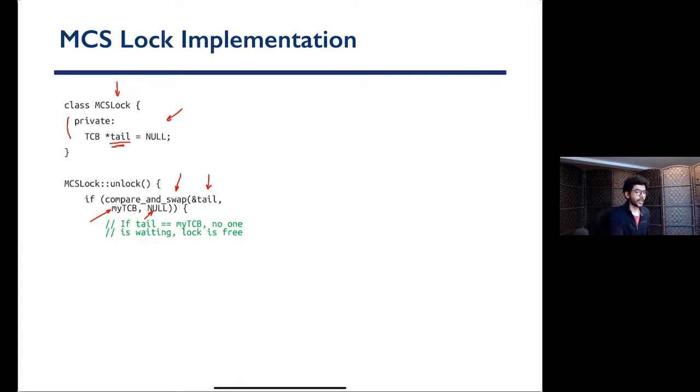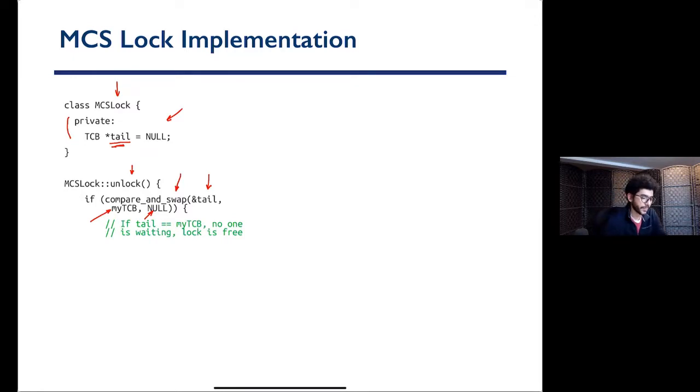Sorry, this is an unlock function. So this means that if I am the last person in the list, this means that nobody else is waiting, right? So if I'm the last person, basically, if tail is pointing to my TCB, then make the tail be null. So atomically remove me from the linked list.